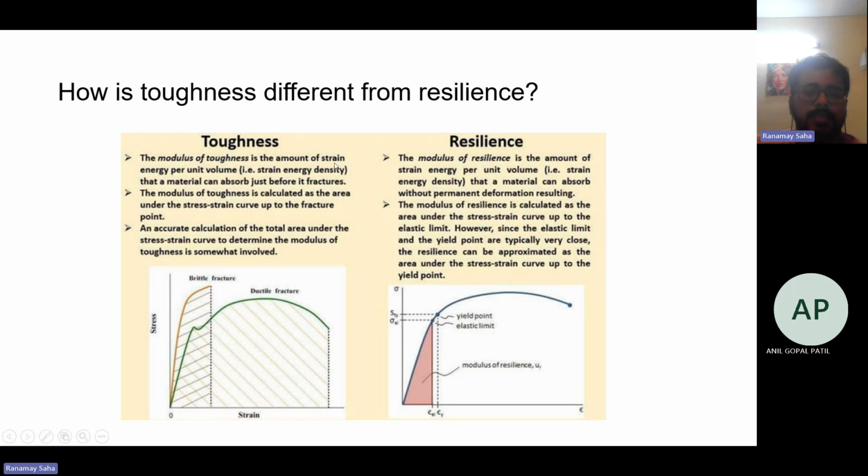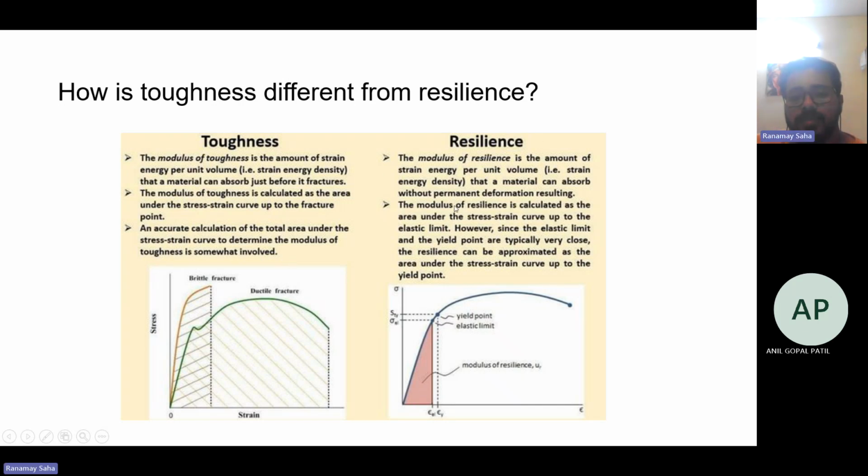Now the modulus of toughness is the amount of strain energy per unit volume, strain energy density, that a material can absorb just before it fractures. That is the total energy which the material absorbs up to the fracture point. For ductile fracture, it follows the plastic region. Modulus of toughness is calculated as the area under the stress strain curve up to the fracture point.